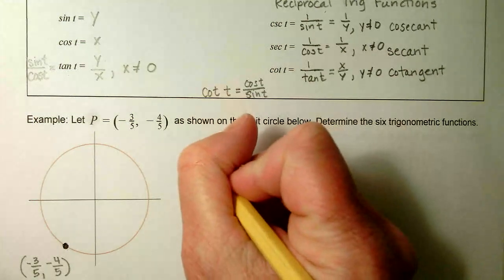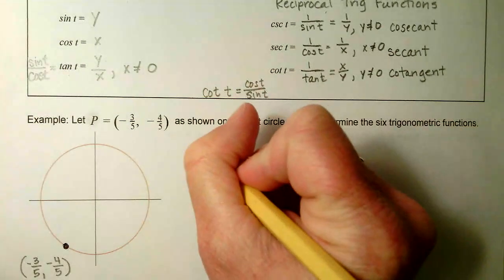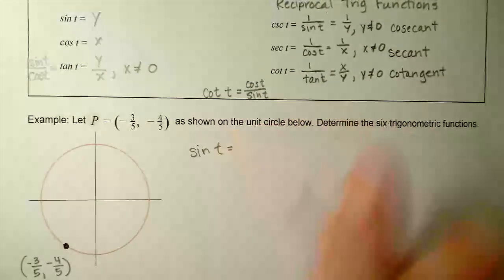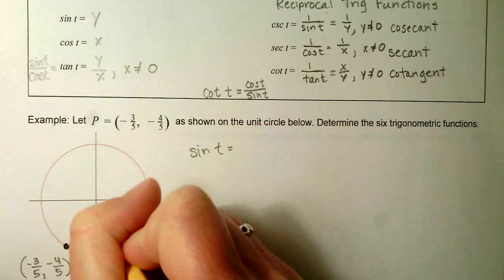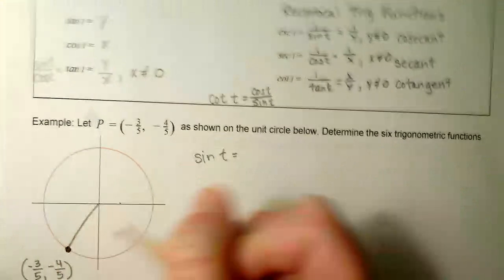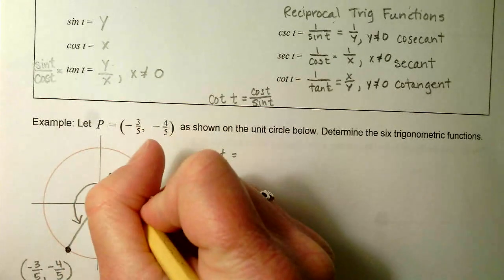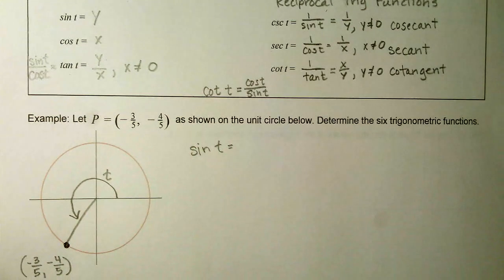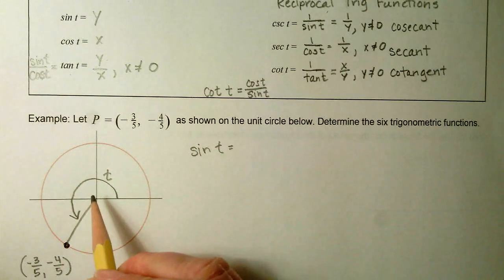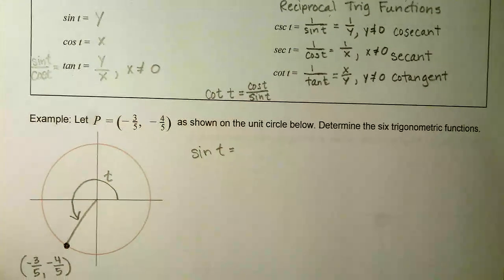So you want to find sine of t. Okay, so t is this angle. If we were to draw in an angle in standard form, this would be angle t. So the sine of t is going to be our y coordinate.